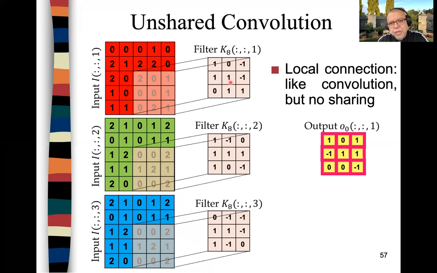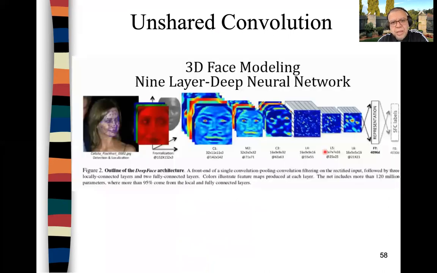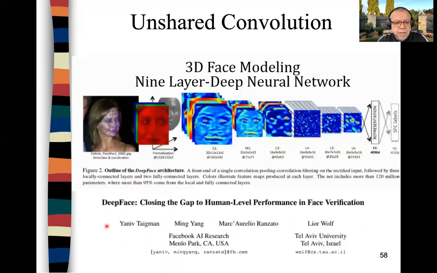So in this case, you need 9 kernels to get your output image. Now this unshared convolution has been used in DeepFace, if I am correct. As far as I remember, it was used for DeepFace. DeepFace was developed by Facebook for face recognition.